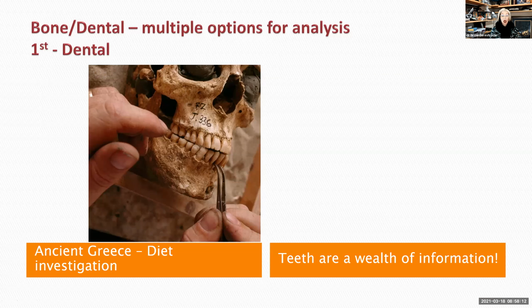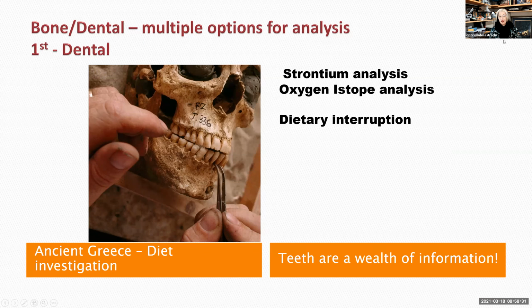So there are multiple options for analysis of bone or dental remains. We're looking at dental first. We noted that teeth are a wealth of information, not just things that might possibly be still stuck on the teeth, but other aspects, for instance, of health.